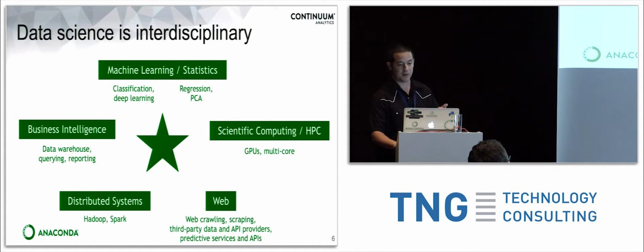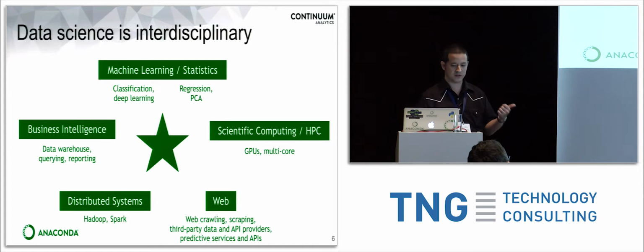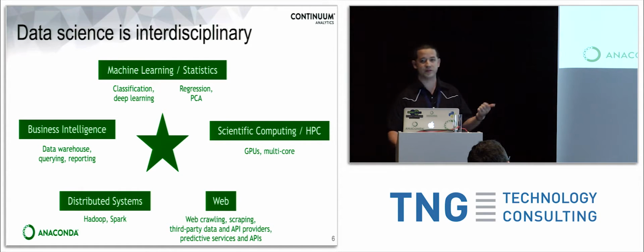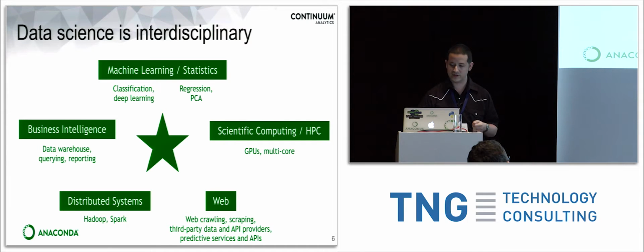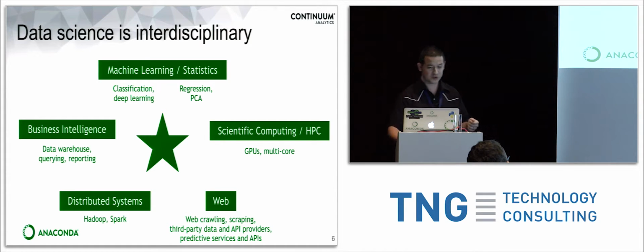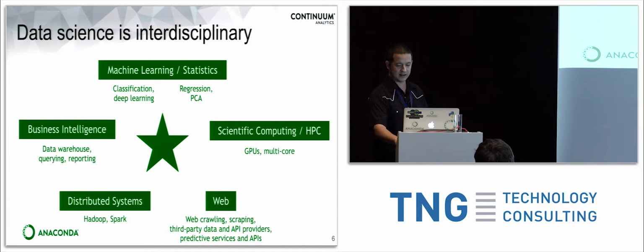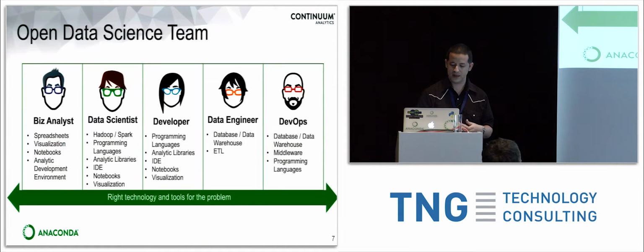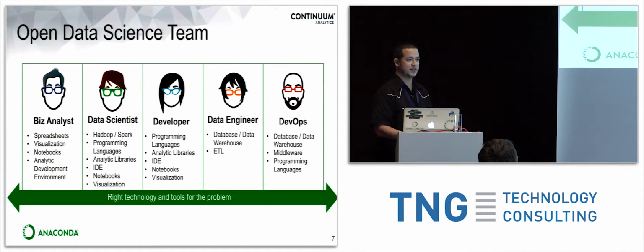So for machine learning, that might involve creating machine learning models, classification, distributed systems. You might have folks that are versed in Hadoop and Spark, or some of the distributed engines, and so on. So really, we want to unify these dimensions and give them a platform that allows them to connect experts to data. So on a data science team, you can look at different types of personas, right? So some of you may be able to relate to one or more of these personas in your own line of work.